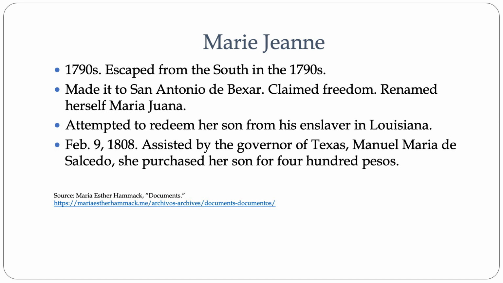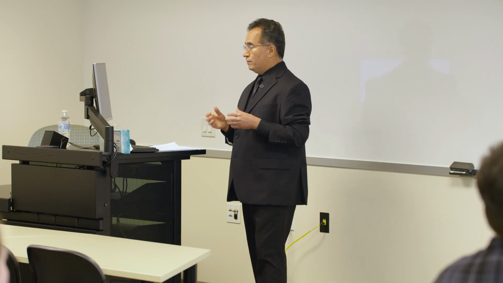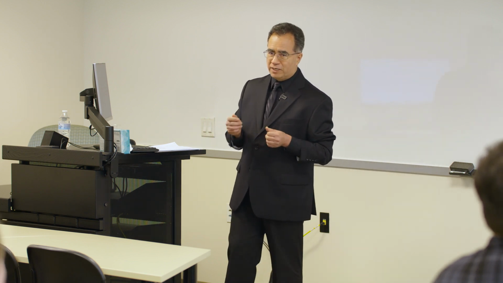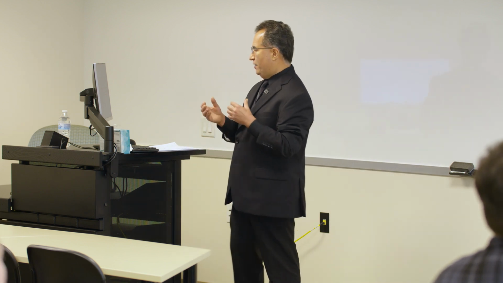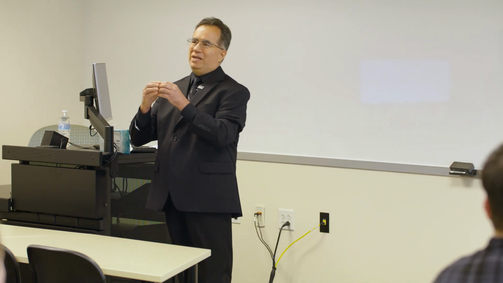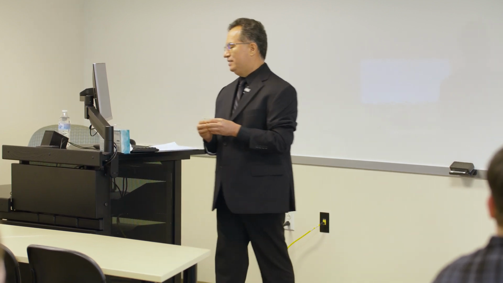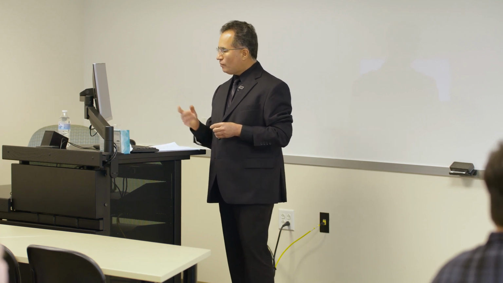For 18 years, she tries, until finally the governor helps. They raise enough money to purchase the freedom of her son 18 years later for 400 silver pesos, 400 silver coins. And this is the beginning of a story involving slaves escaping the U.S. and making it into Spanish Texas, and then Mexican Texas, and then Mexico.